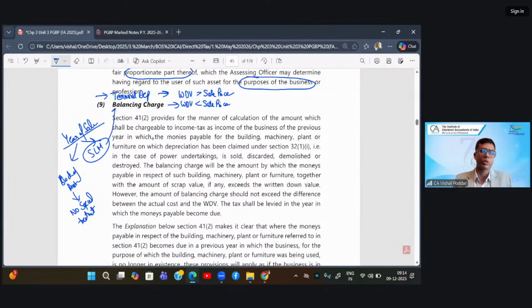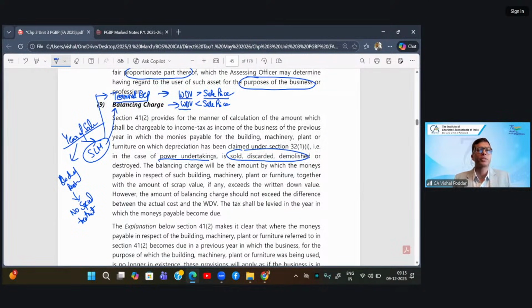So both these concepts are only for SLM assets. It is not applicable for block of assets. So for block of assets, we have altogether different treatment. There is no such separate or special treatment. But for power units who are following the SLM method, in the last year, that is in the year in which the power undertaking has sold its assets, if the WDV is greater and sale price is smaller, which we call loss on sale of asset in accounts, it will be called terminal depreciation in PGBP.